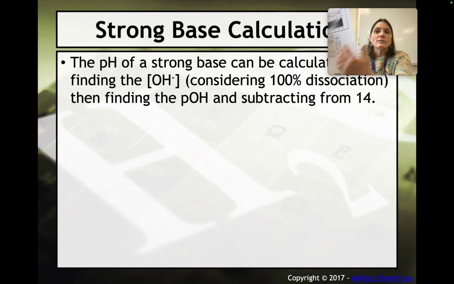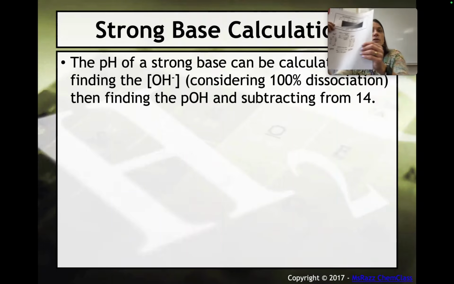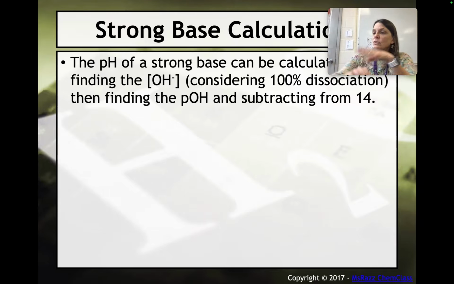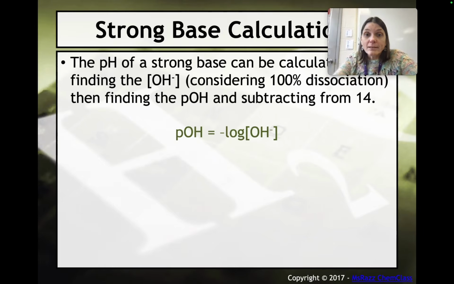So I'm going down one side of the square, but you can always go the other direction and you'll end up in the same spot. You could use the Kw expression to get H plus and then take the negative log of the H plus concentration. Either way works. I like this way because I think it's easier and straightforward. So pOH and then 14 minus the pOH.